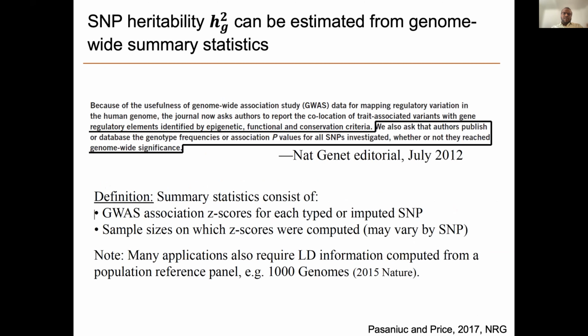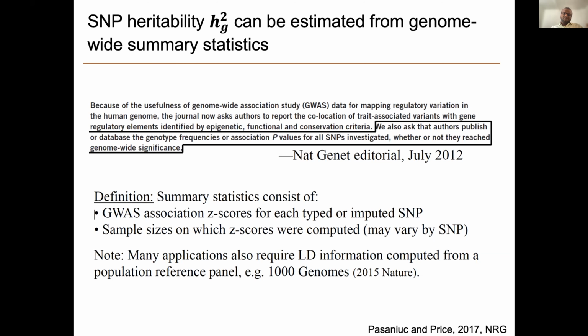And also to maintain a database of the sample sizes based on which these z-scores were computed. These GWAS summary statistics are widespread now for most of the traits. We do have GWAS summary statistics either from different biobanks or from other independent studies.